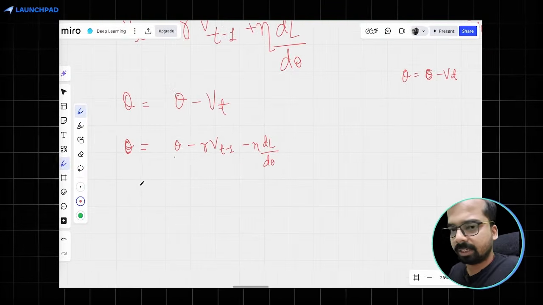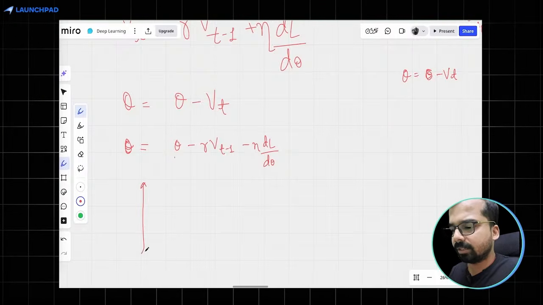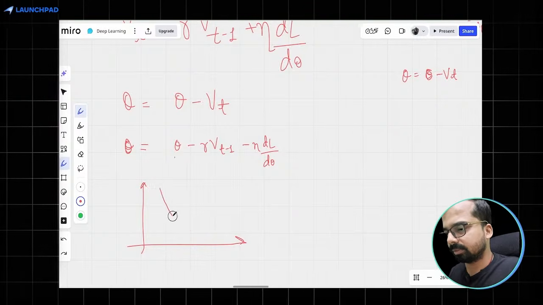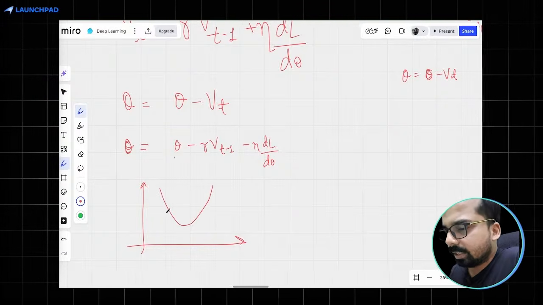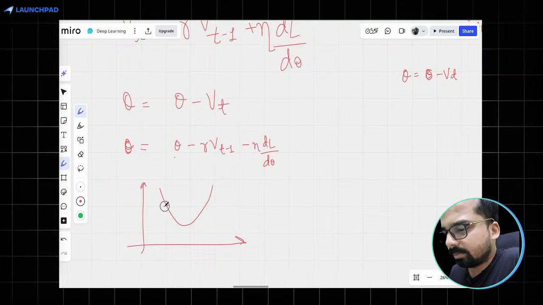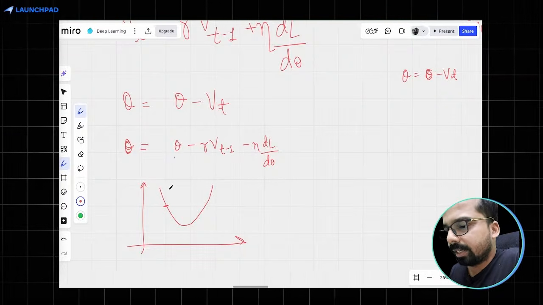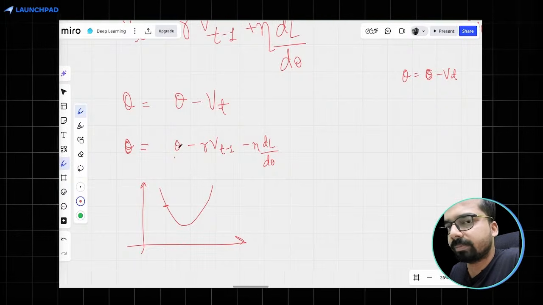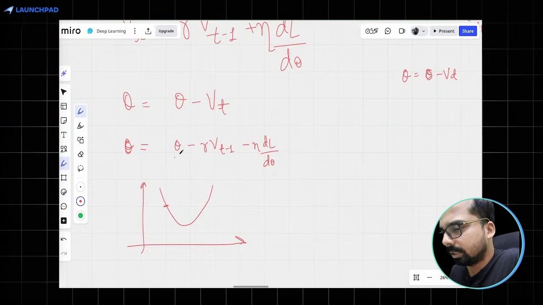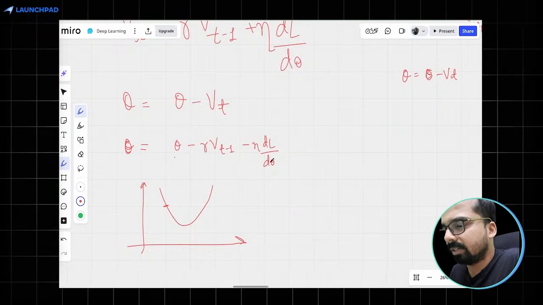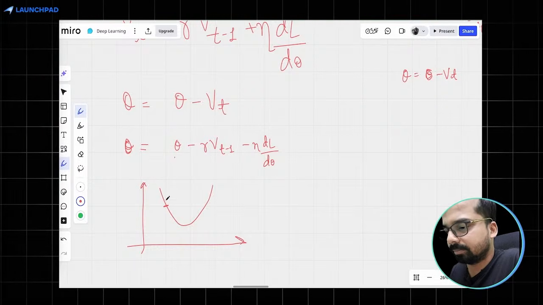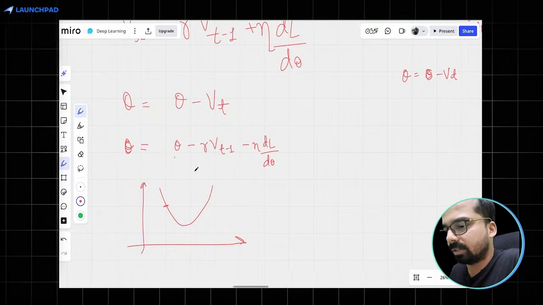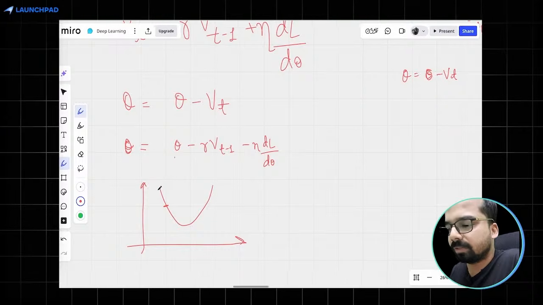If I want to explain it in a deeper way, let's try to draw a curve, right? Let's say I am over here, something like this. Let's say that I was at this point, and I want to update my theta value. So this is my theta new and this is my theta old. There are two components that will affect the theta, right? Over here, the past velocity, basically the slope, will be positive, not negative.